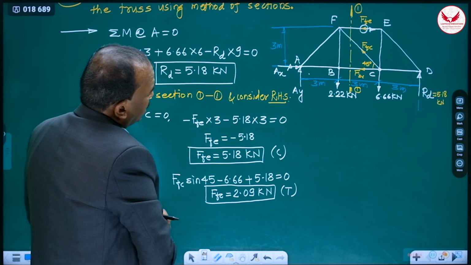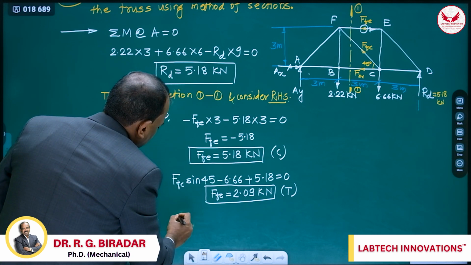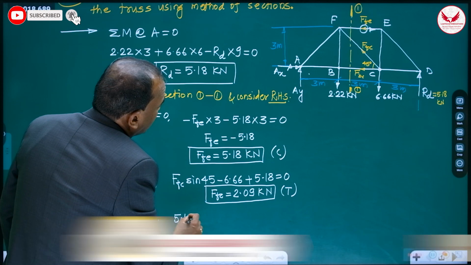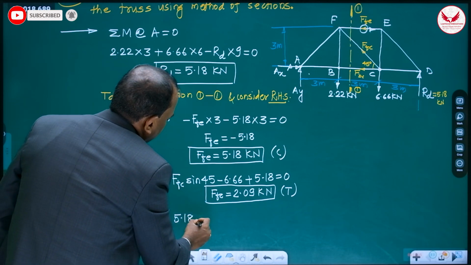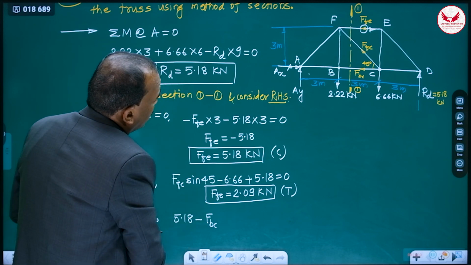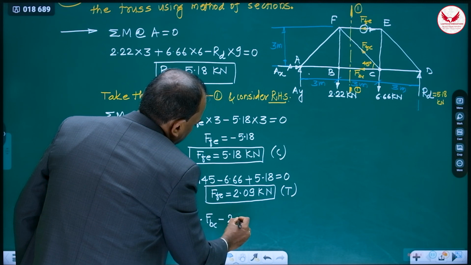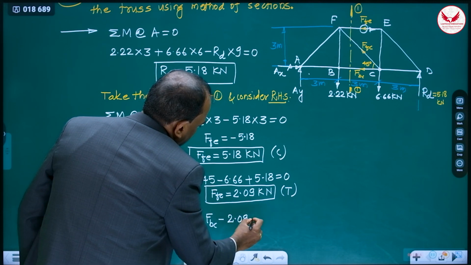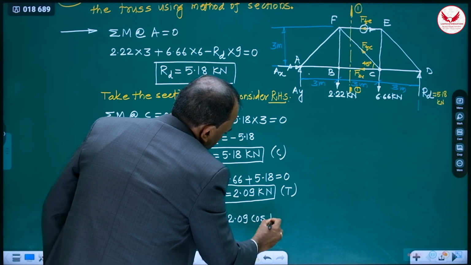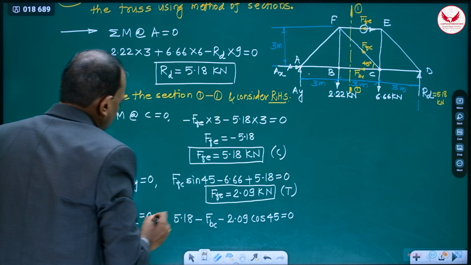For summation Fx, towards right, FE is 5.18 minus FBC and minus FFC, means 2.09 cos 45, it is equal to 0.